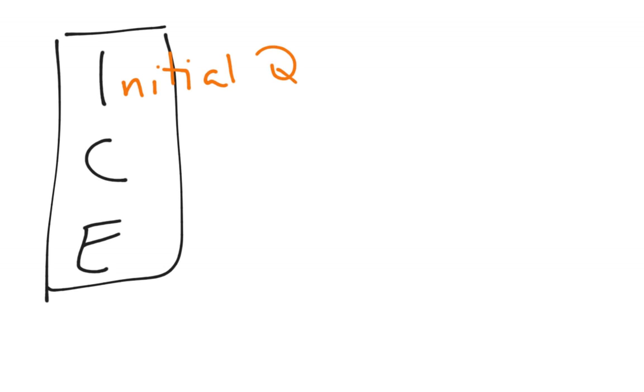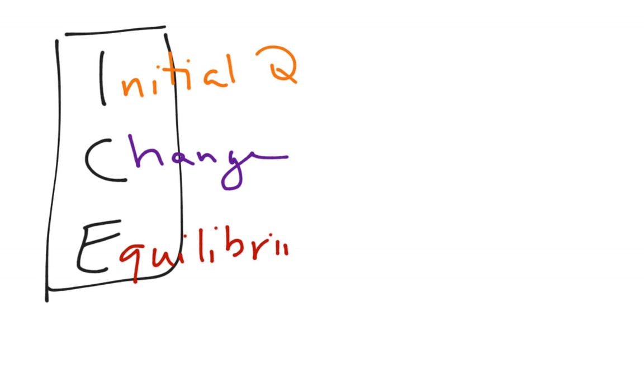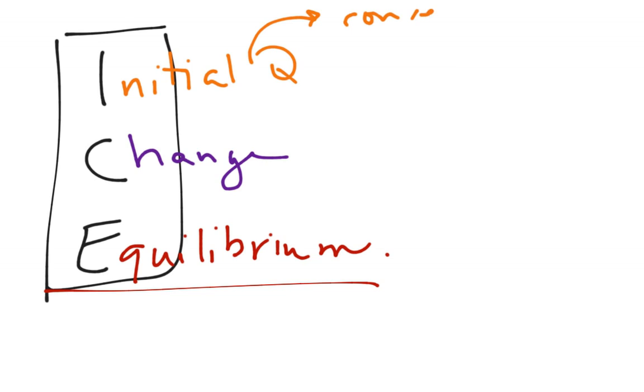Okay, the C is what is the change that is going to happen. And the E is the equilibrium. What will it be when I reach equilibrium? All right, and I need to add one word in here. This is the initial concentration of everything.